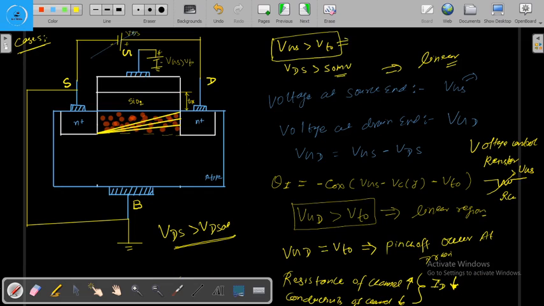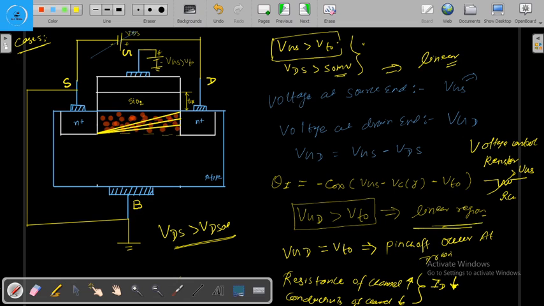If we expand this, here it is VGD. This was our condition for case 5, the linear region.